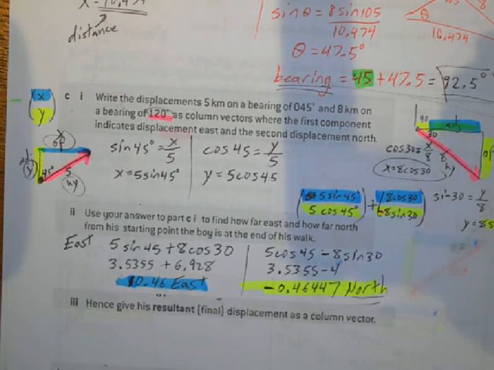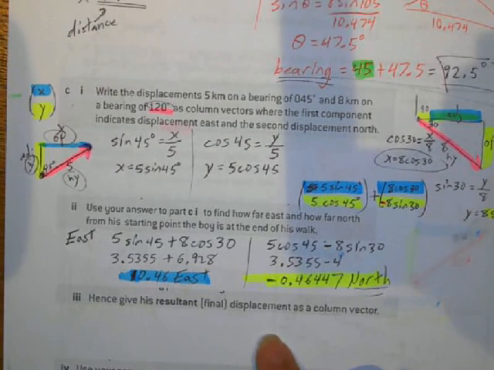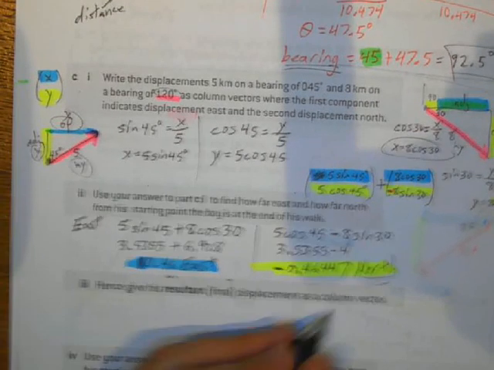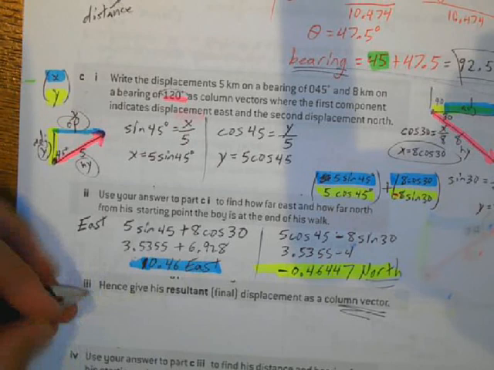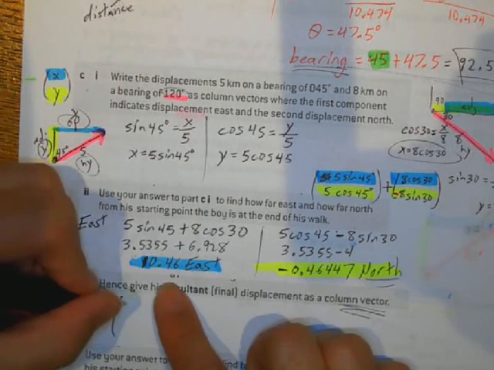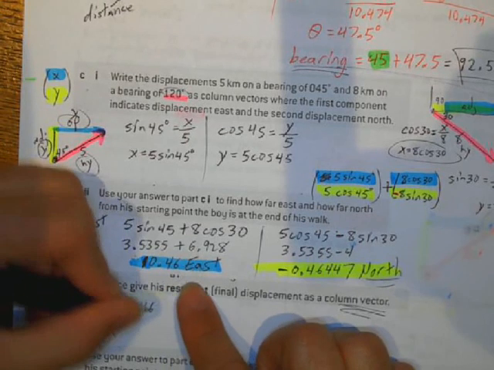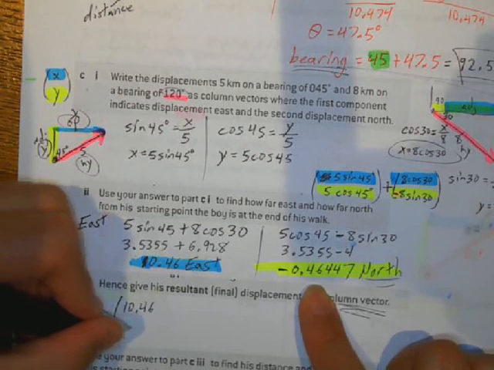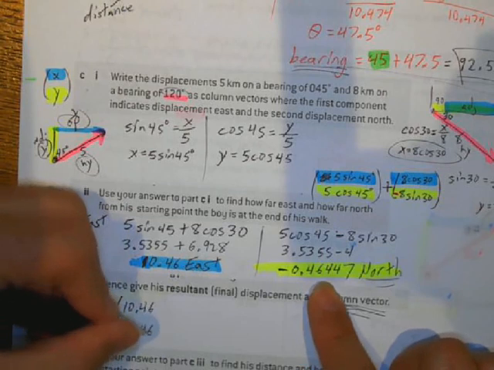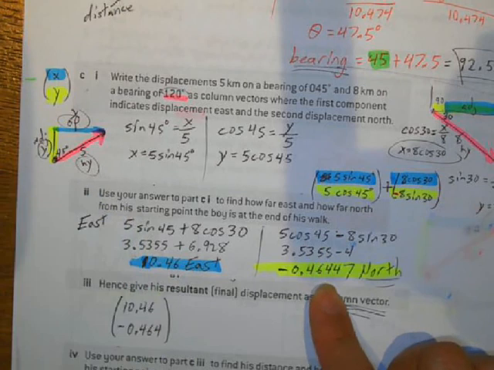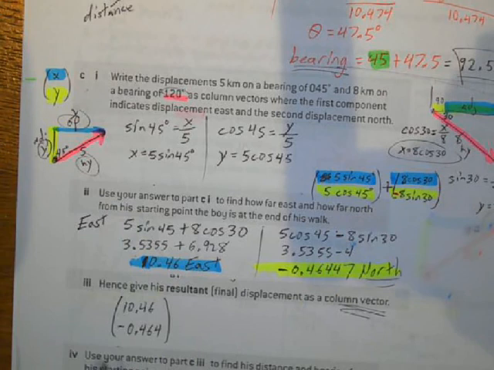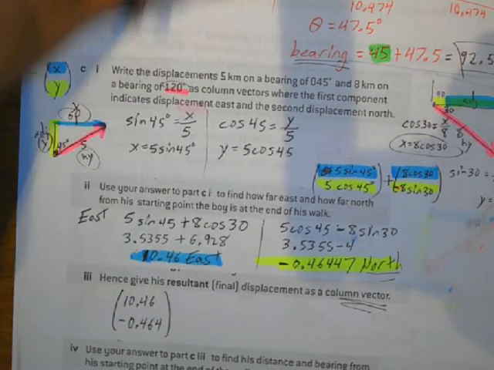Okay, so hence, give the final resultant in column vector form. So my x direction is 10.46, and my y direction is negative 0.464. Okay, and so you're going to use this answer to find the distance and the bearing from our starting point.